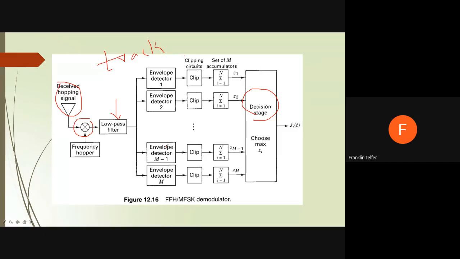Next, the acquisition problem is one of this: it searches throughout the region of time and frequency in order to synchronize the received spread spectrum signal. It synchronizes the received spread spectrum signal throughout the time and frequency.